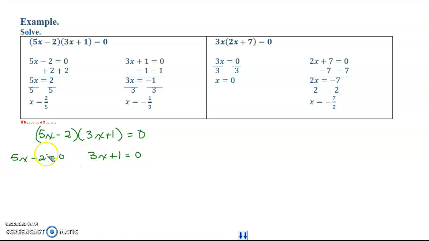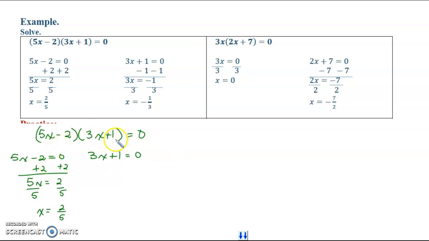And then what I'm going to do is find out what x would need to be for this to be 0. So I'm going to add 2. I'm going to get 5x equals 2. And because I need x by itself, I'm going to divide by 5. X would need to be 2/5 for this to be 0.